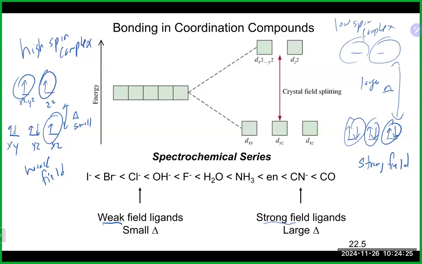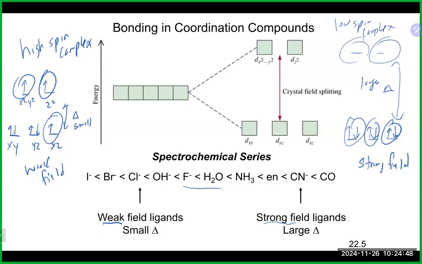So very common questions on these types of problems are how many unpaired electrons are there in this complex, and is it a high spin or low spin complex? Now, what do you do if you're kind of in the middle? A lot of times they will tell you which way to do it.